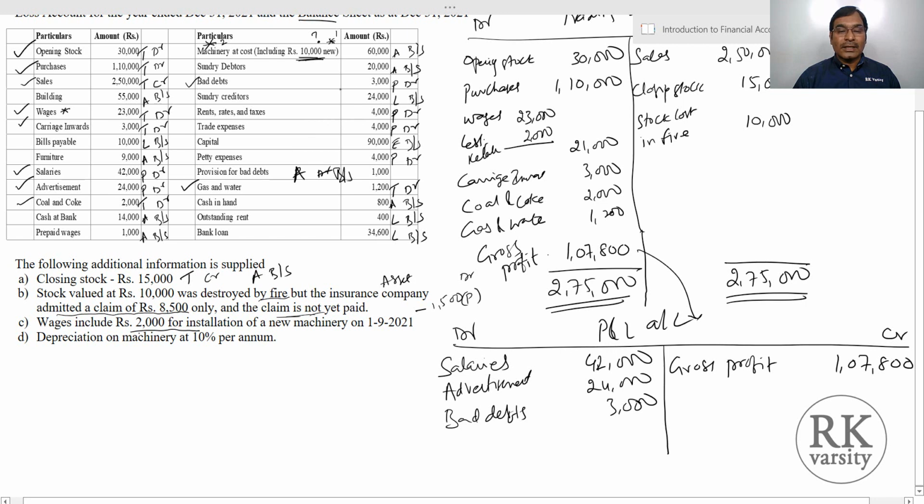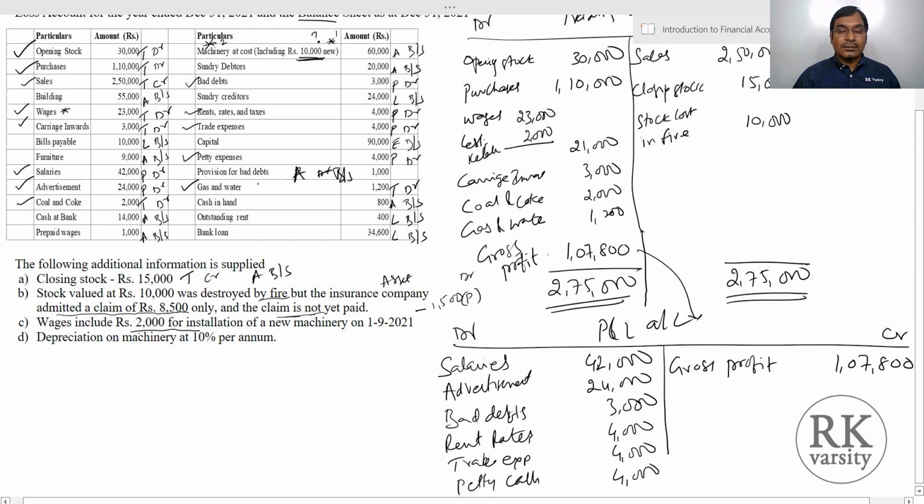And next we have rent, rates and taxes 4,000. Then trade expenses 4,000. Then petty cash is 4,000.